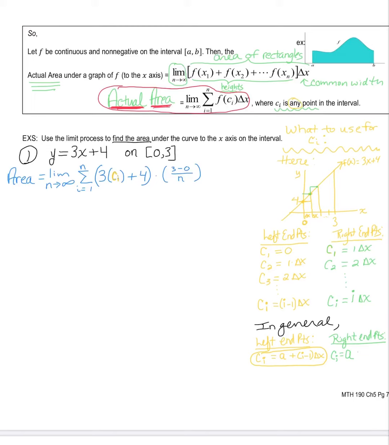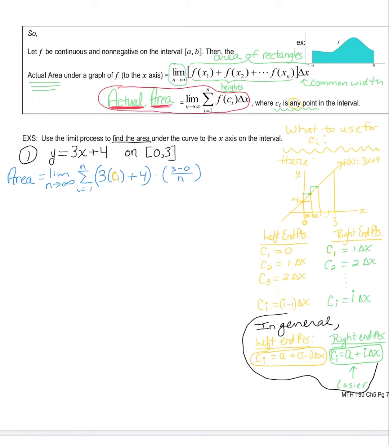But then the nicer part of right endpoints is it's just going to be plus i delta x. So this is our representation for right endpoints, and this is just a little bit easier to work with. And so I would say let's go with what is easier, and that's what I'm going to choose to use.